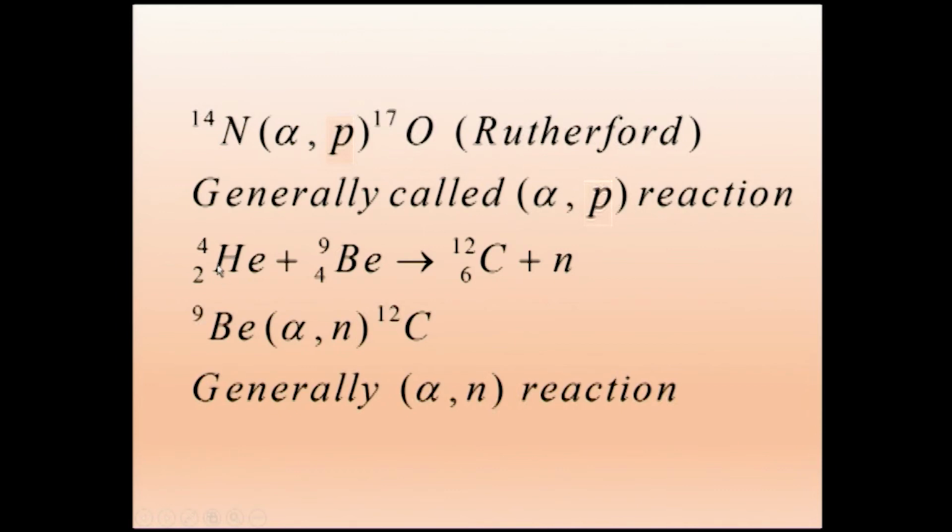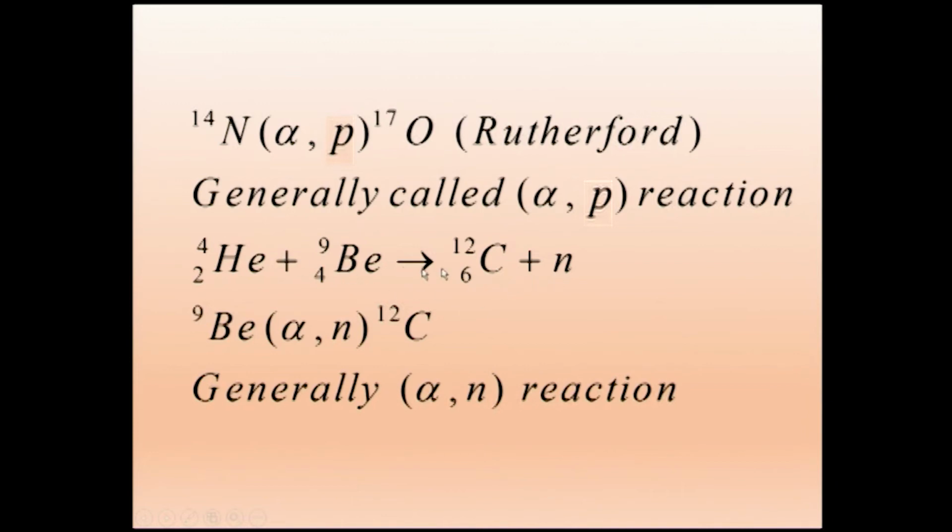Here we have the next reaction, helium 4 plus beryllium 9. This reaction will give carbon 12 and a neutron. Here this is 9 plus 4, 13, and 12 plus the neutron, which has mass number 1, 13. Here 2 and 4 are the atomic numbers, here it is 6 and the neutron has 0.